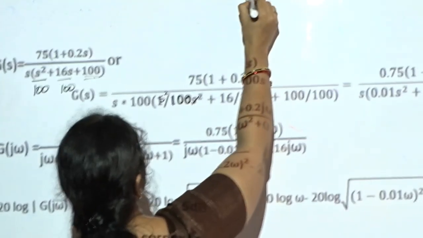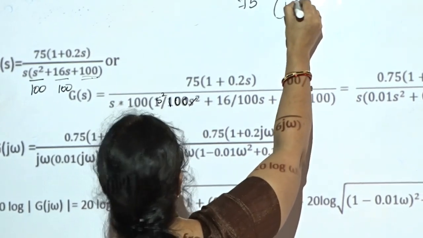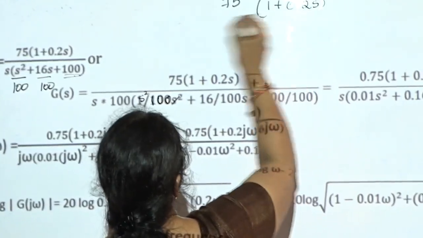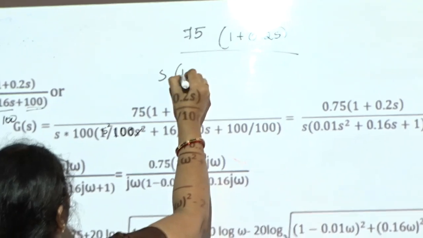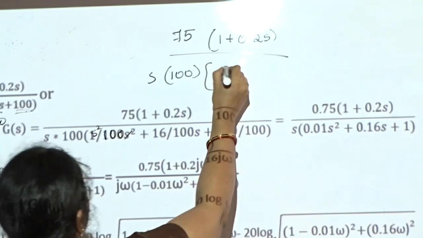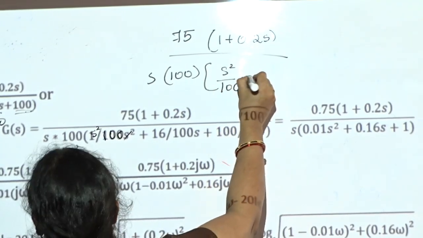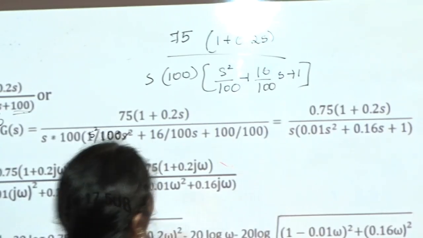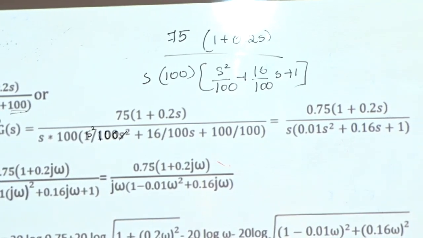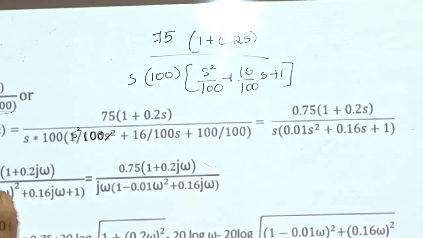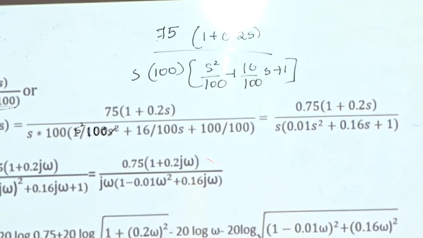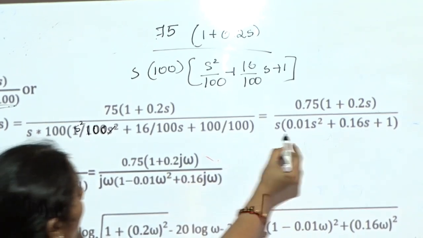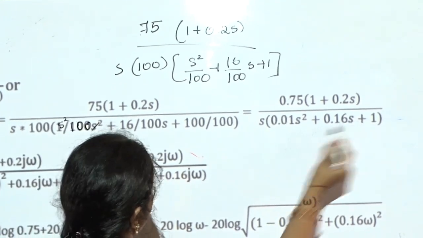So the equation becomes 75 into 1 plus 0.2 s, over s into s square by 100 plus 16 by 100 s plus 1. So now this becomes 0.75, and correspondingly 0.01 s square plus 0.16 s plus 1.